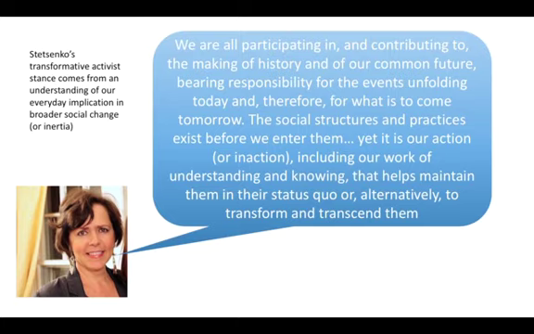We bear responsibility for what happens today and therefore what happens for tomorrow. Yes, there are social structures like race and class and gender, and they exist before we take a particular action. But it's what we do, or as Anna says, what we don't do, that helps maintain those structures or perhaps can transform and transcend them.